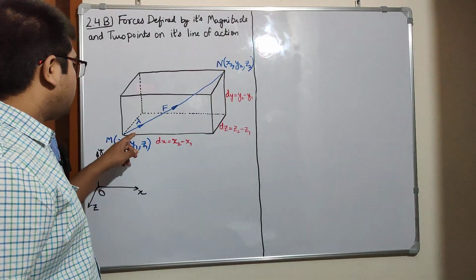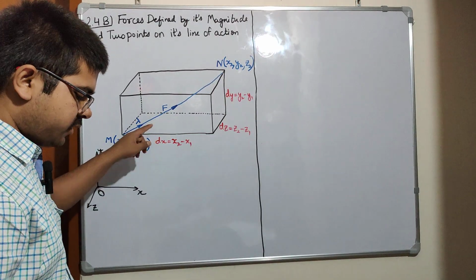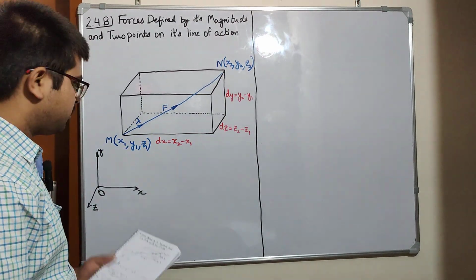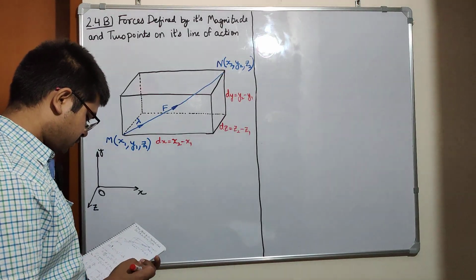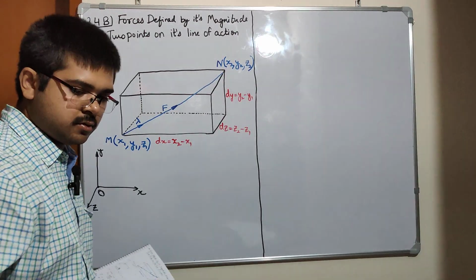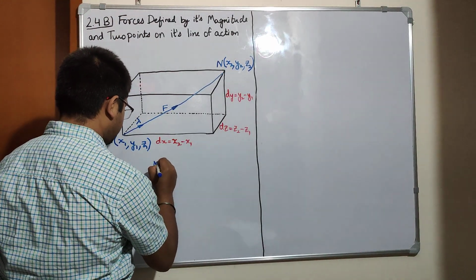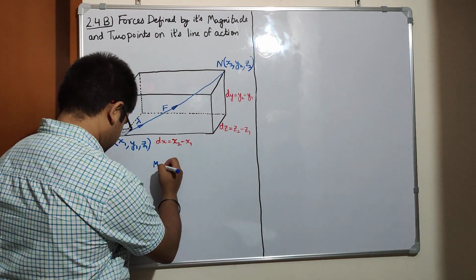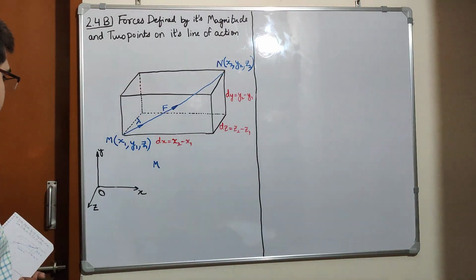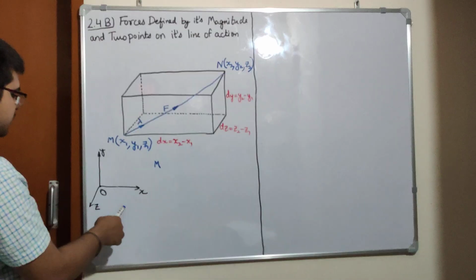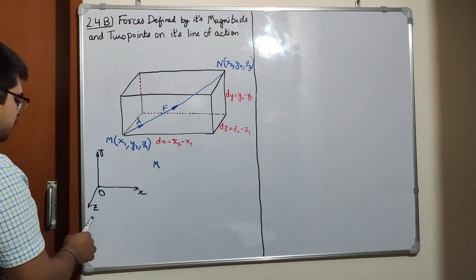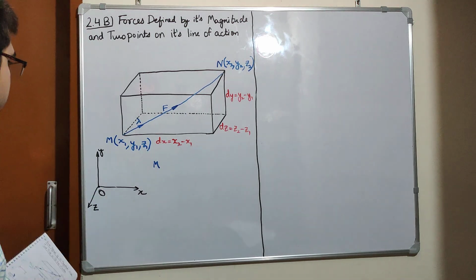So we have our force vector F here. We can write MN vector as... Now we have understood this coordinate is x, y, and z. So I'll just rub this down.